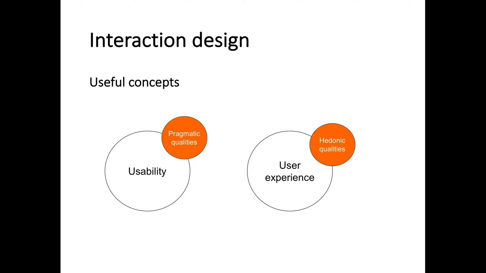And in terms of user experience, we see that experience focuses more on the hedonic qualities of your product. But if we don't understand what this means, then it's very hard for us to start evaluating and understand how to set up the protocols and get feedback from the users.